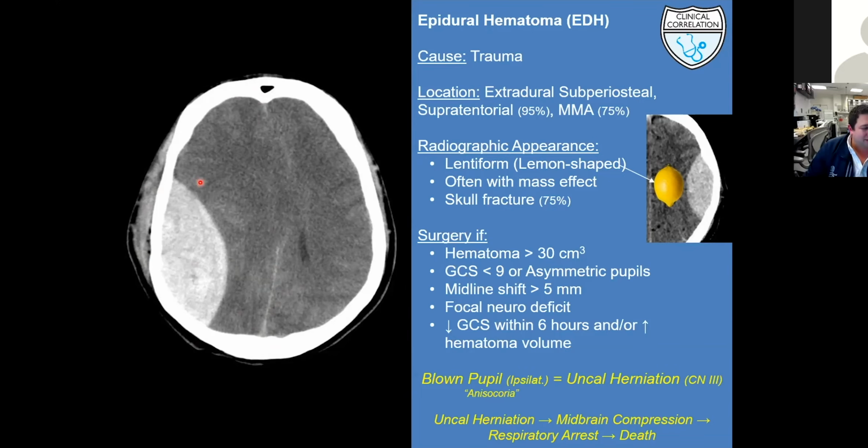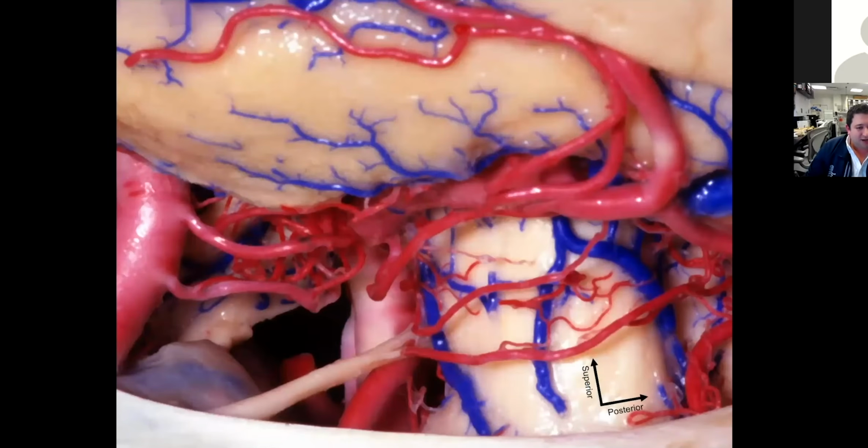epidurals look like lemons. They are extradural, and they are emergent in part because they can cause uncal herniation. And I'm sure in your textbooks you've learned a lot about different herniation syndromes in the brain, but it's much easier when you take a look at what that actually means. So where's the uncus?